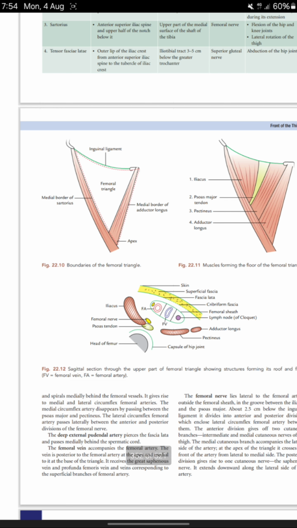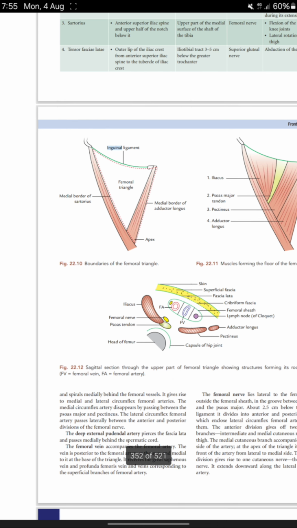The medial boundary is formed by the medial border of adductor longus muscle. The lateral boundary is formed by the medial border of sartorius. The apex is formed by the junction of the two muscles at the intersection point, and the base of the triangle is formed by the inguinal ligament.